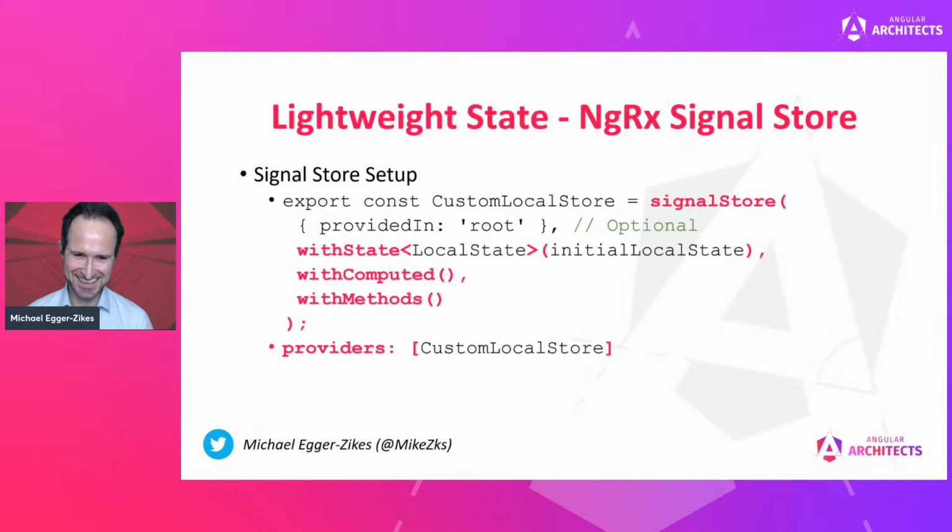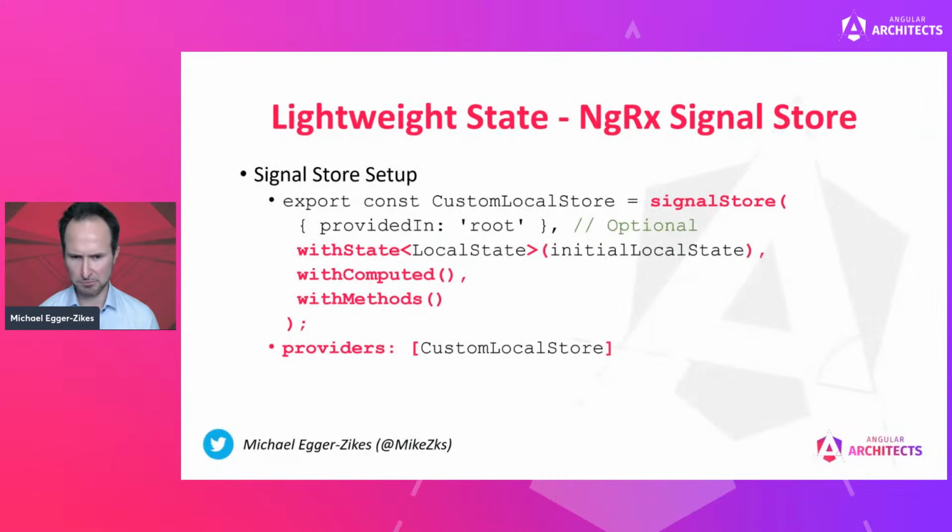So, fine. The signal store is a normal dependency injection provider. That's also the reason why we typically choose to use a capital letter for the constant name here, because that's like a class definition that you would do for your @Injectable class that you can also provide on a root level. This time we're using the custom local store here, and you could put it basically into any provider array.